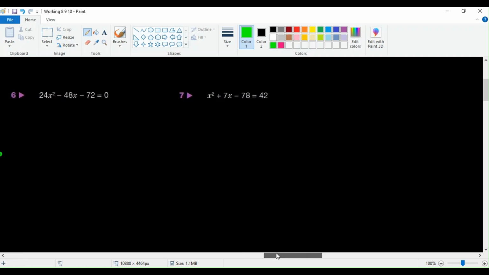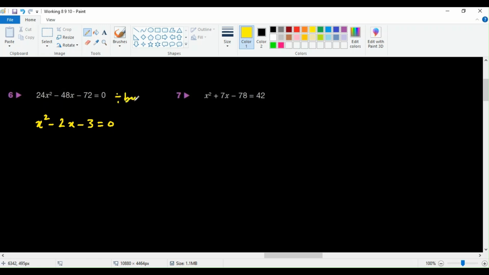When it comes to question number 6, there's a trick that you must understand: by looking at the question, you know very well that I can divide the whole equation by 24. So 24 times 1 is 24, so I will not write it here. And 24 times 2 is 48, so I will write 2 only. And 24 times 3 is 72, so I will write 3 here. I mean, dividing the whole equation by 24 gives us this.